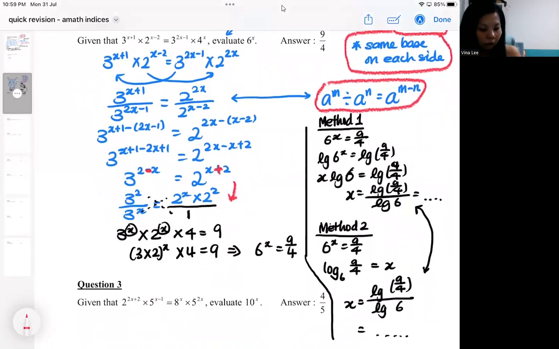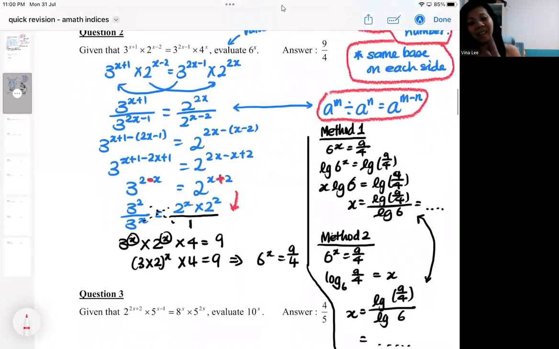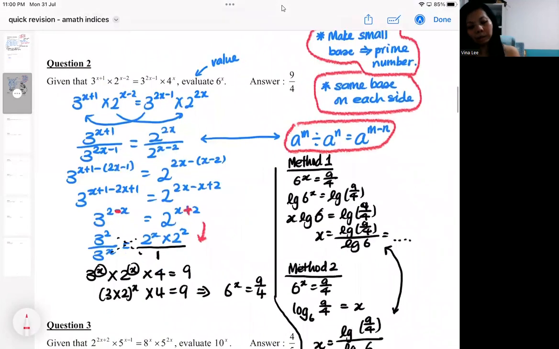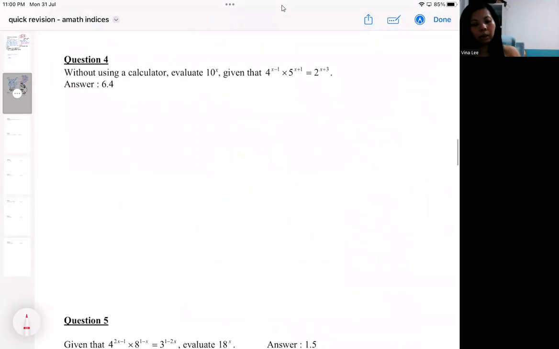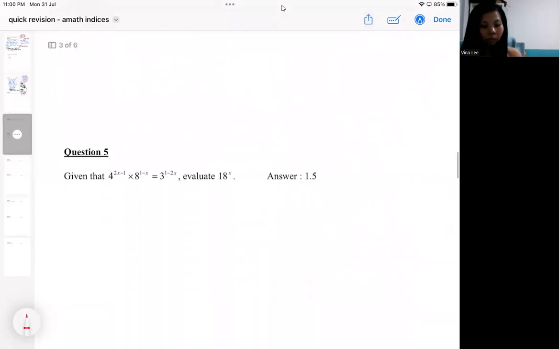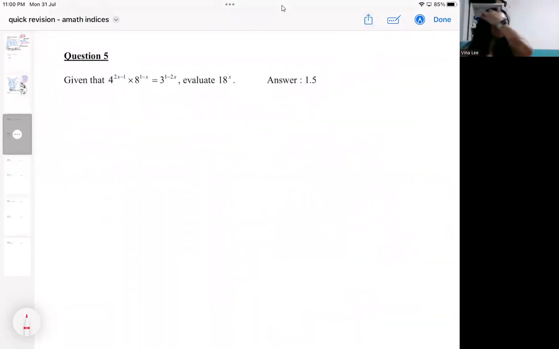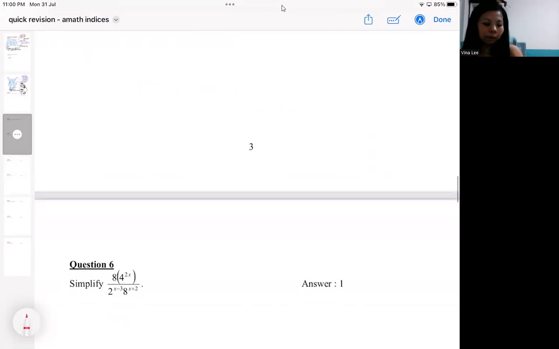So you can try this idea. It's a very standard step. You can try the standard steps on the next 3 questions. Follow the method and you will find that most of the time you are able to do this kind of question.